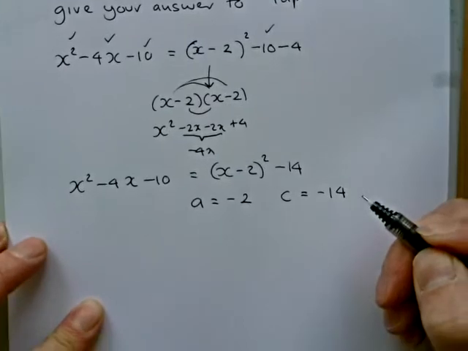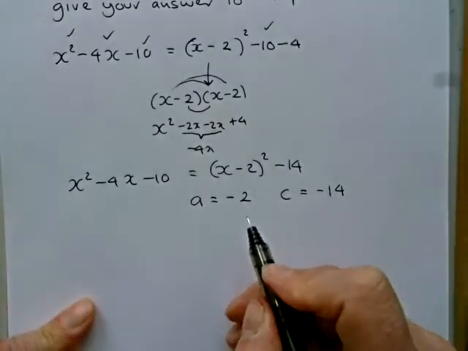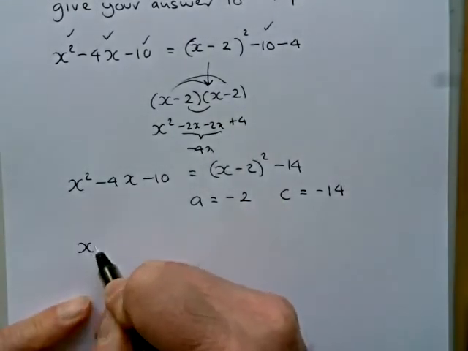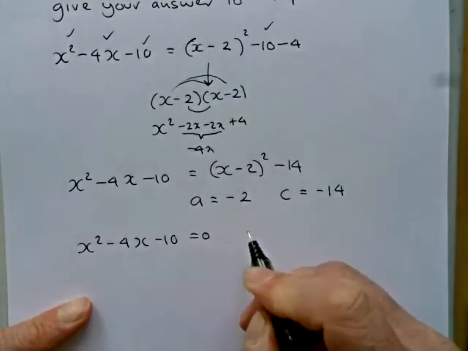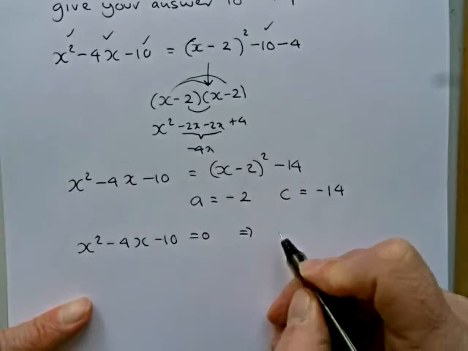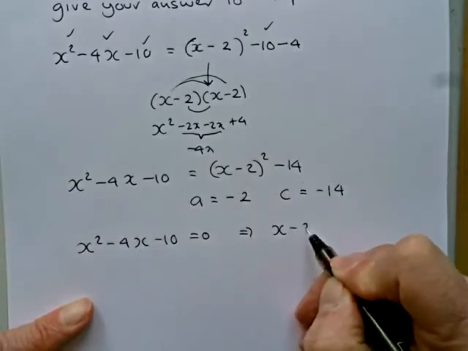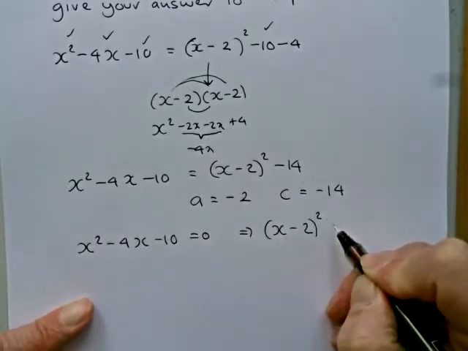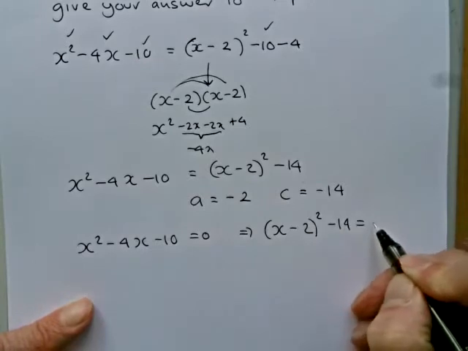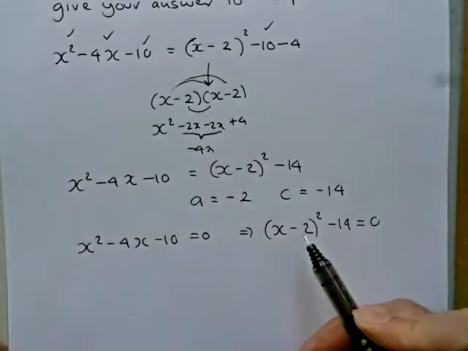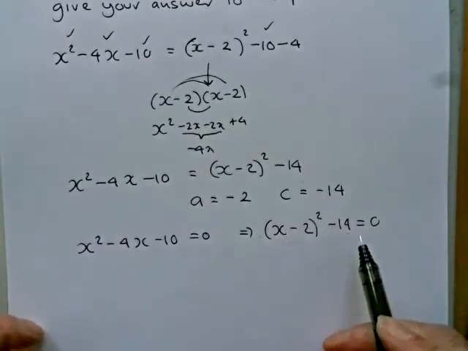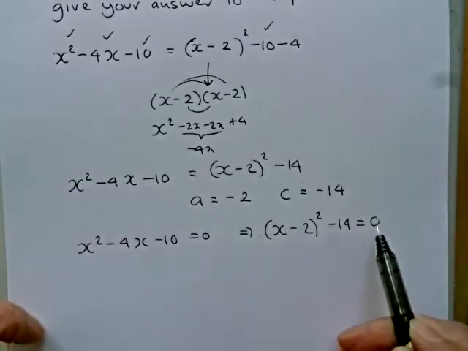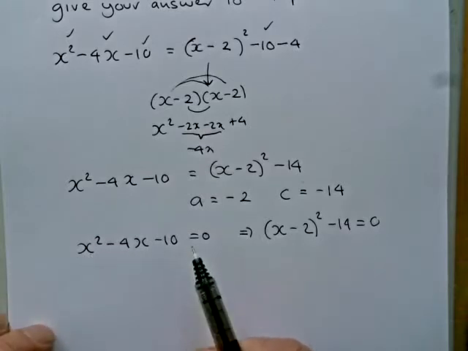So if we're trying to solve x squared minus 4x minus 10 equals 0, we can write it in the other form, and this will make it easier to solve the equation. Because x squared minus 4x minus 10 can be written as x minus 2 squared minus 14, if we solve this, we'll get answers that solve that.